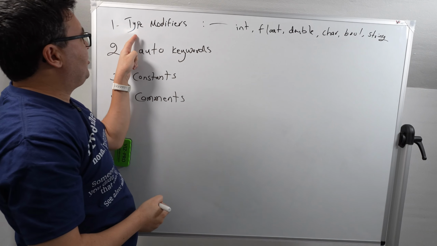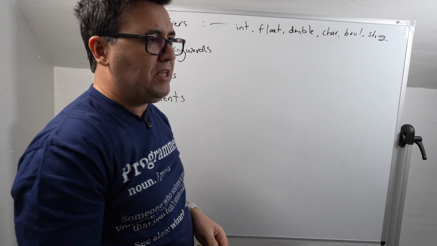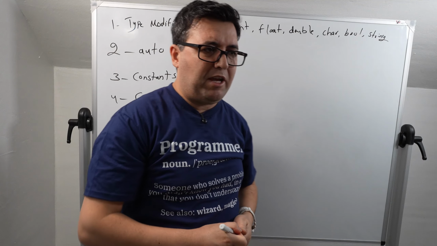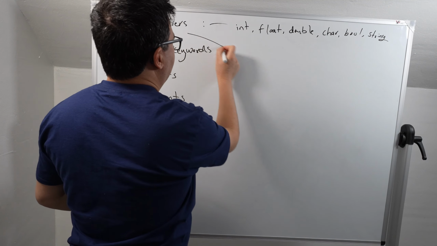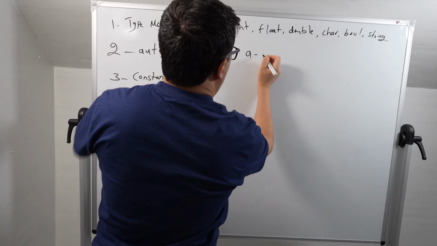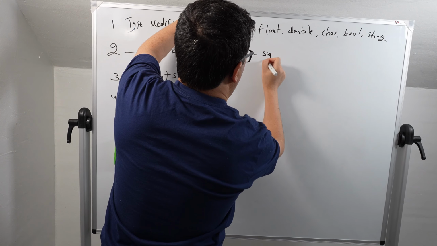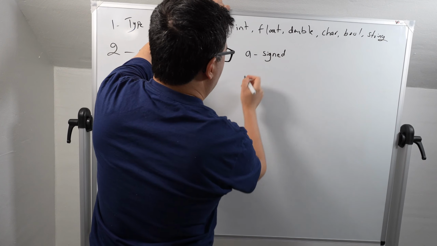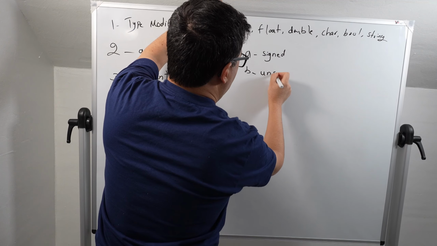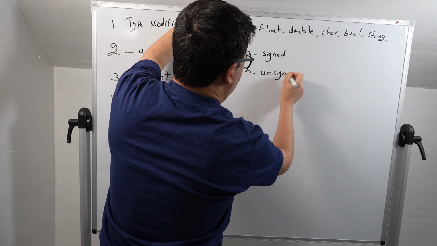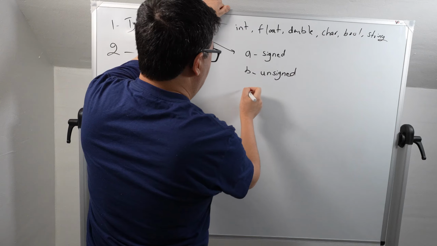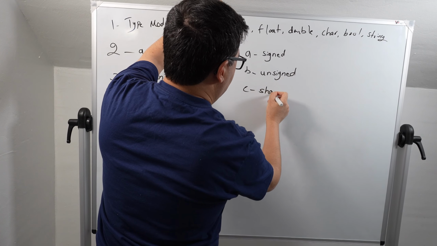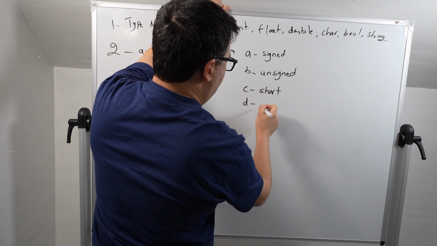But when we talk about type modifiers, it means we have signed, unsigned, short, and long.